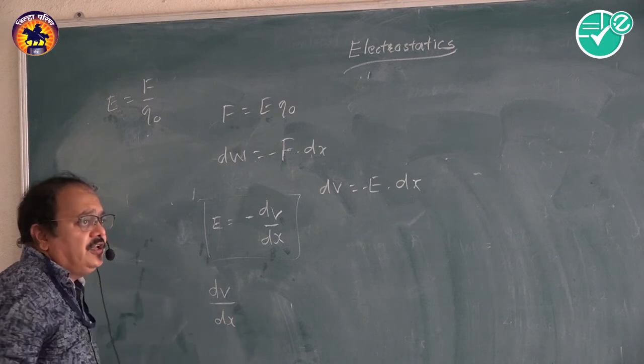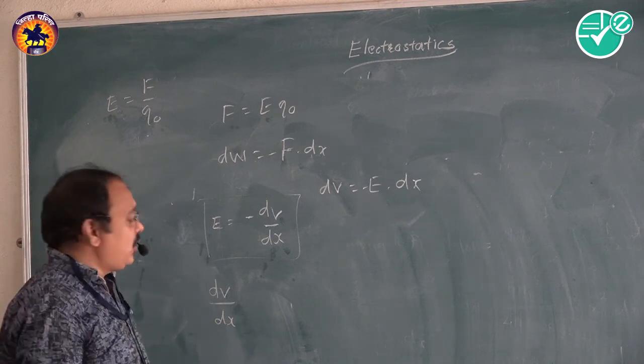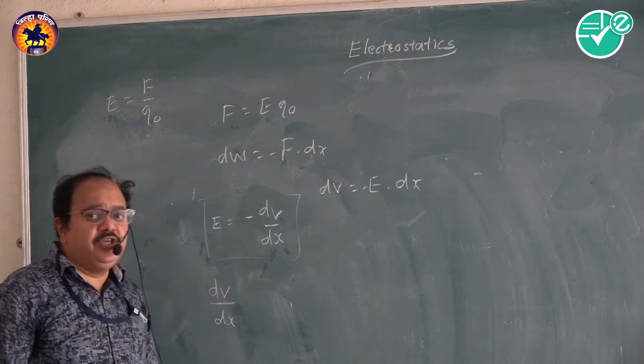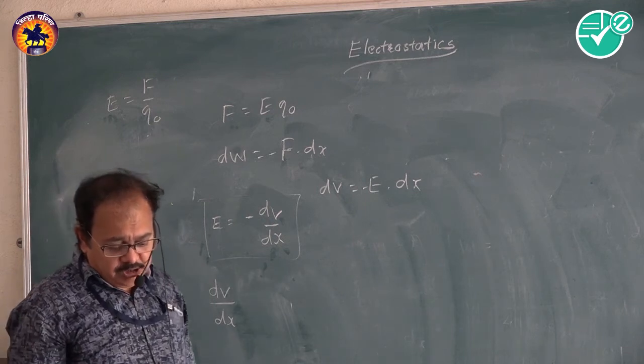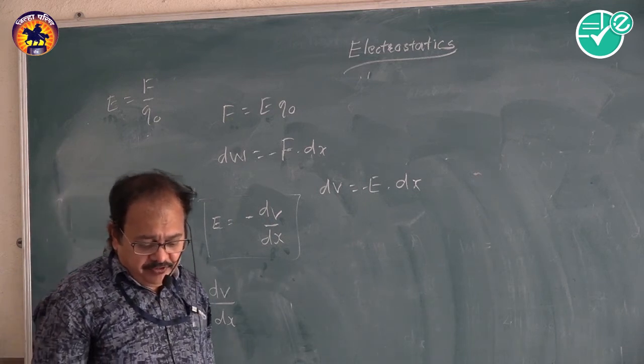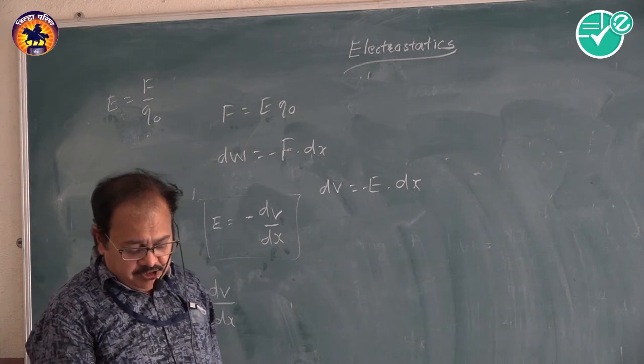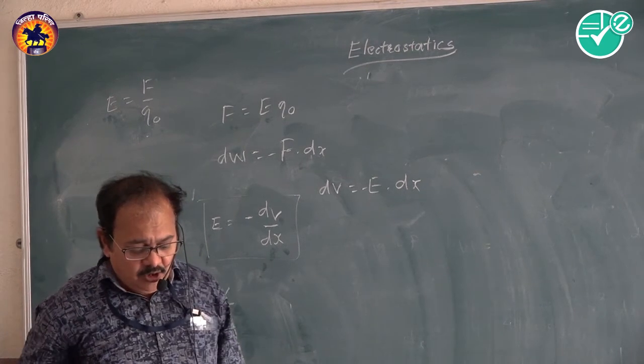This quantity is very important because it gives the value of the potential gradient. It represents the rate of change of potential with respect to distance in the direction of intensity.